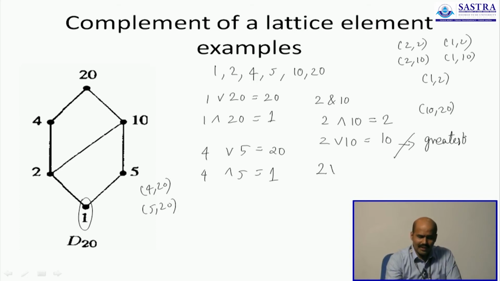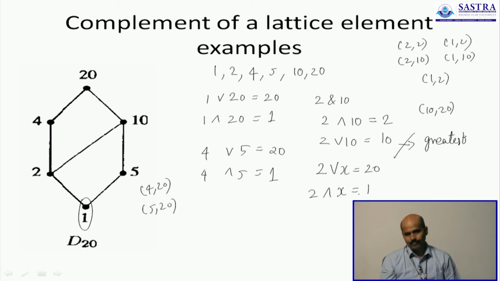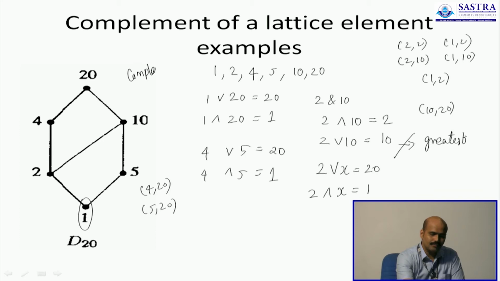You will never find an x such that 2 join x is 20 and 2 meet x is 1. You will never find an x. So you don't find a complement for 2, you can't find a complement for 10, and therefore the complement is not defined for every element of the set, and that's why this is not a complemented lattice.